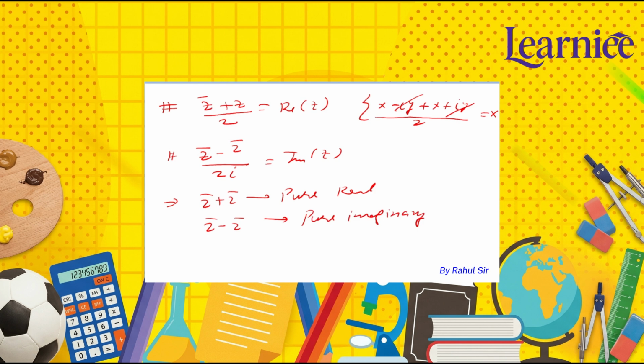We can check why it is happening. Let's say x plus iy minus x minus iy, so obviously they cancel and we get 2iy, which is a pure imaginary number.